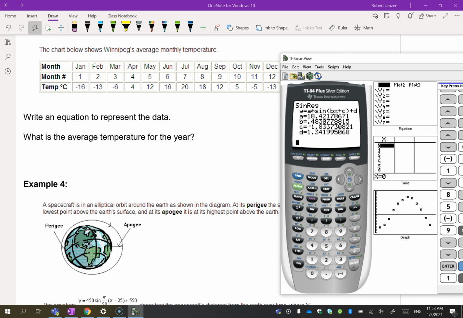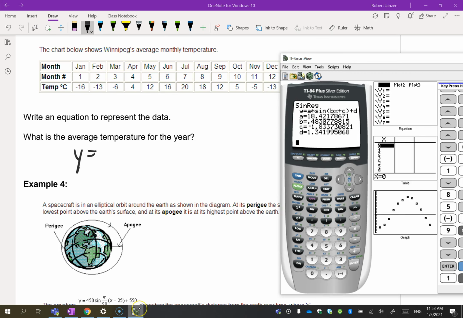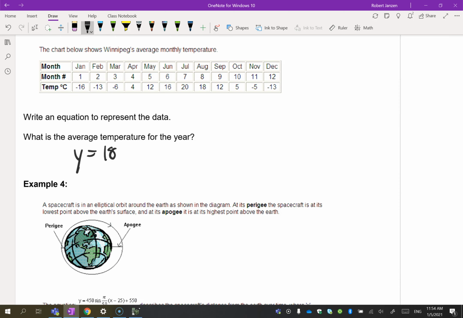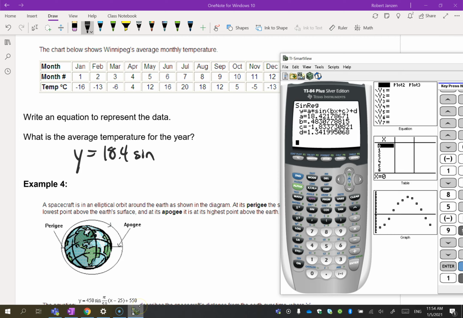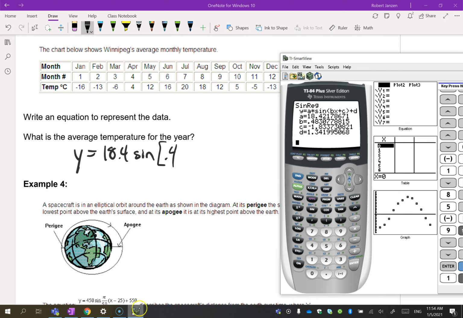Okay, there it is. Y equals 18.4 sine, then 0.4, I guess I should put 0.48.